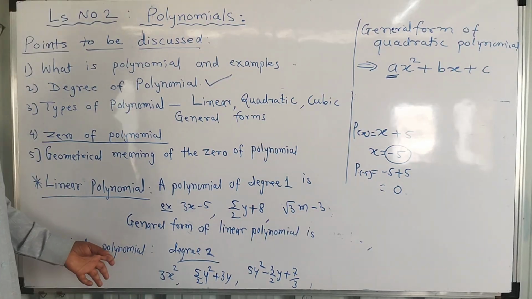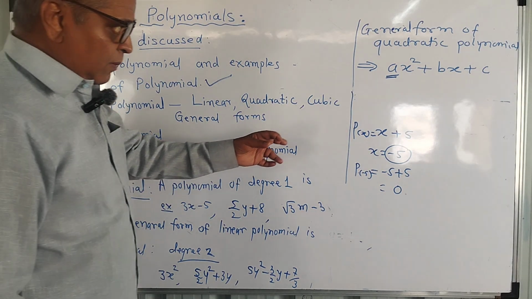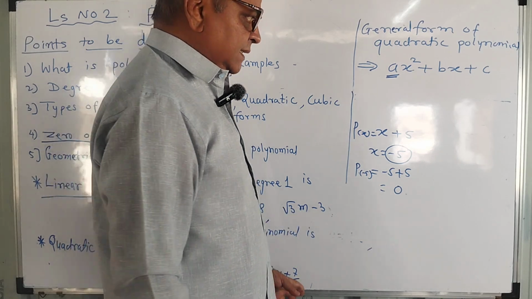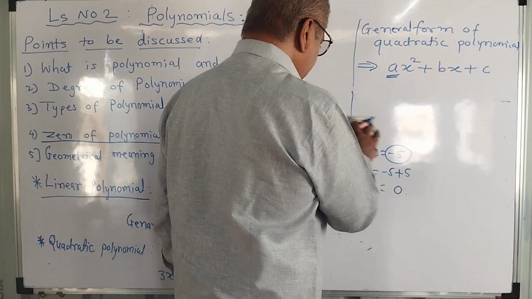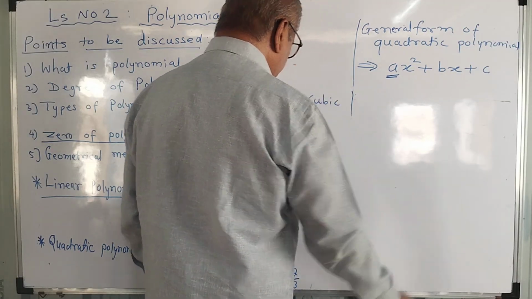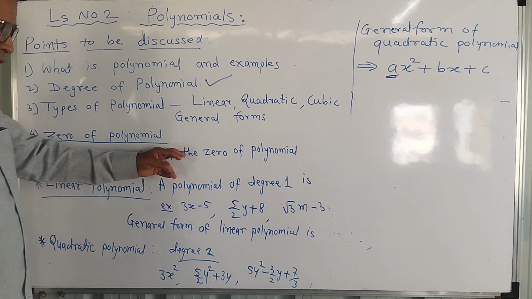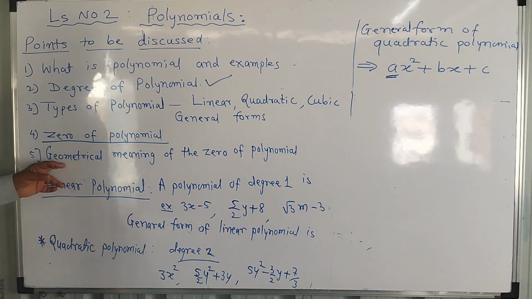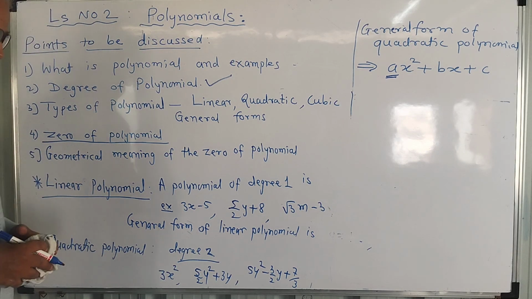So in this way we will find the zeros of linear polynomial as well as zeros of quadratic polynomial in the next exercise. What is in the first exercise is the graphical form or graphical meaning, or we can say geometrical meaning of the zeros of polynomial. This is the point which we will cover in exercise 1.1.